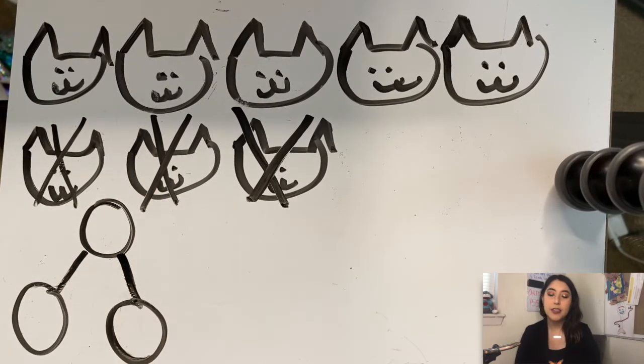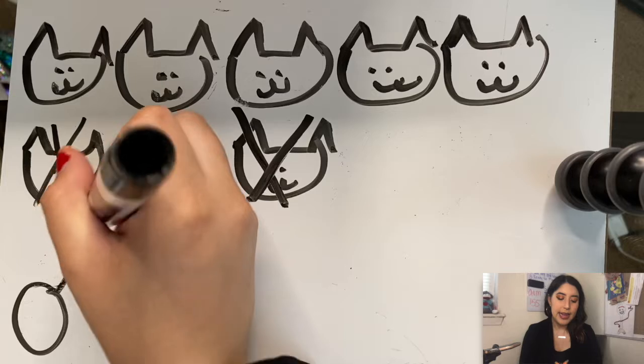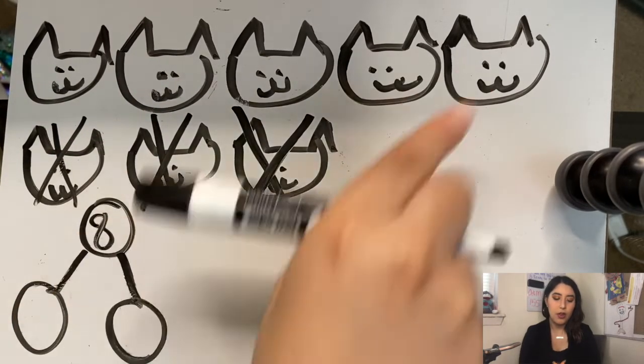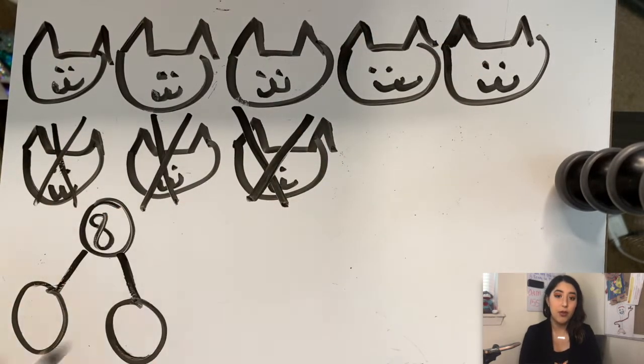So how many cats were there all together total at the beginning of our story? 8. We always put our whole in the whole. Always put the number we started with in the whole with the subtraction sentence, right?